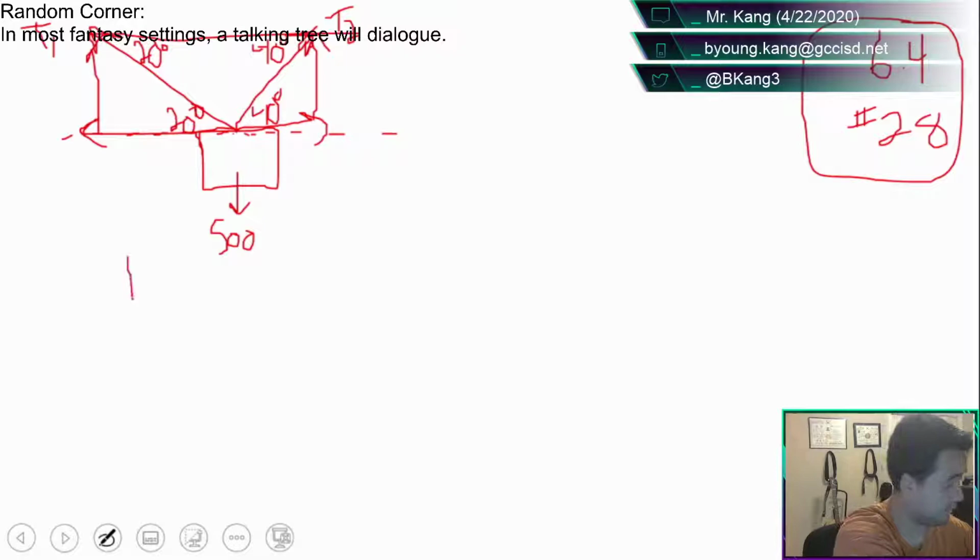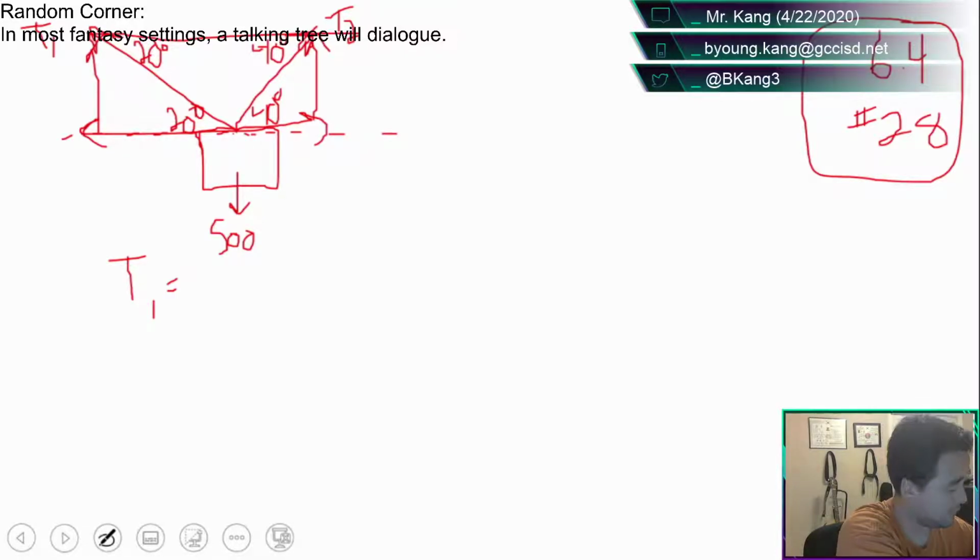So T1 is equal to, hold on. Let's do the actual notation for this class. Because really the x component would be T1 cosine 20 degrees, but you can't just use T1 twice. Does that make sense?